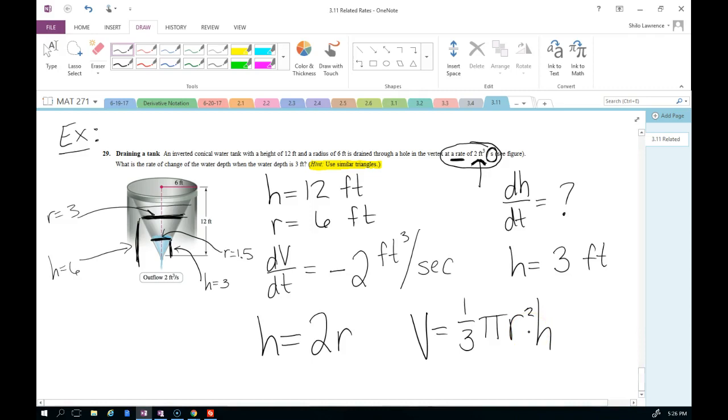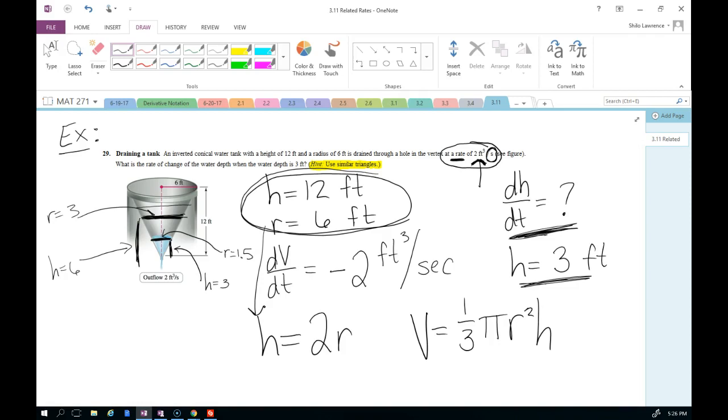I don't want to replace height with 2 radius, because then my formula would be in terms of V and r. I want my formula in terms of h and r because I'm trying to solve for dh/dt and I have an h. Now these two were only given to us so that we can establish this relationship. Those were just the initial specifications for our cone. We're not actually going to use those when we solve.